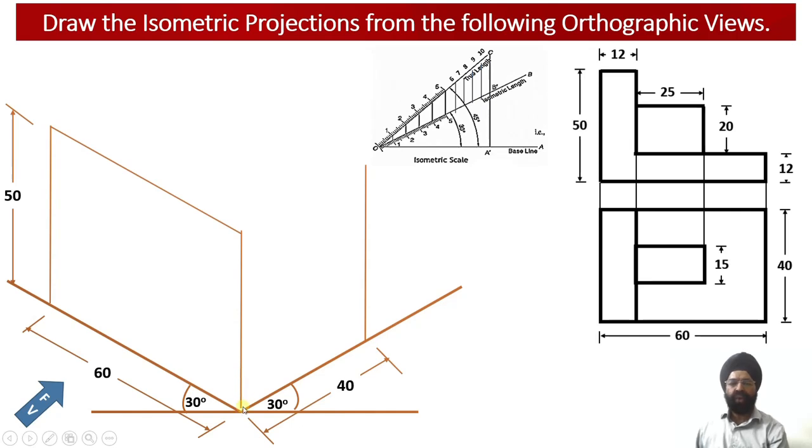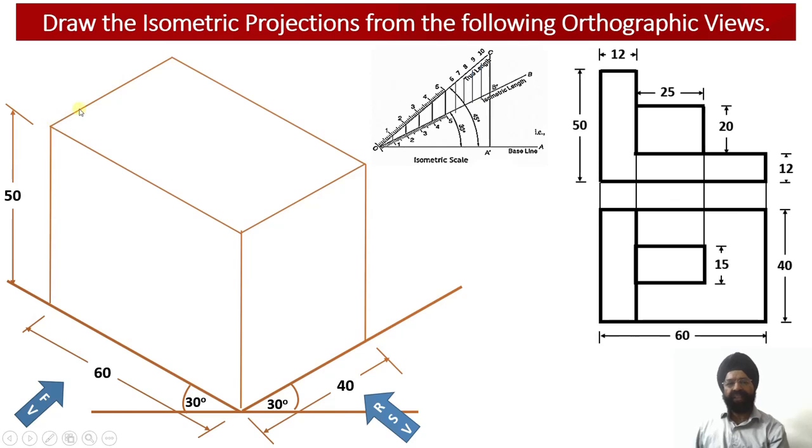In order to complete the right hand side view, we are required to draw an isometric edge which will be parallel to the y-axis, and it will be measuring 50 millimeter. Similarly, another isometric edge we need to draw measuring 40 millimeter, and this edge will be parallel to the z-axis. So this is the construction of the right hand side view face of the solid.